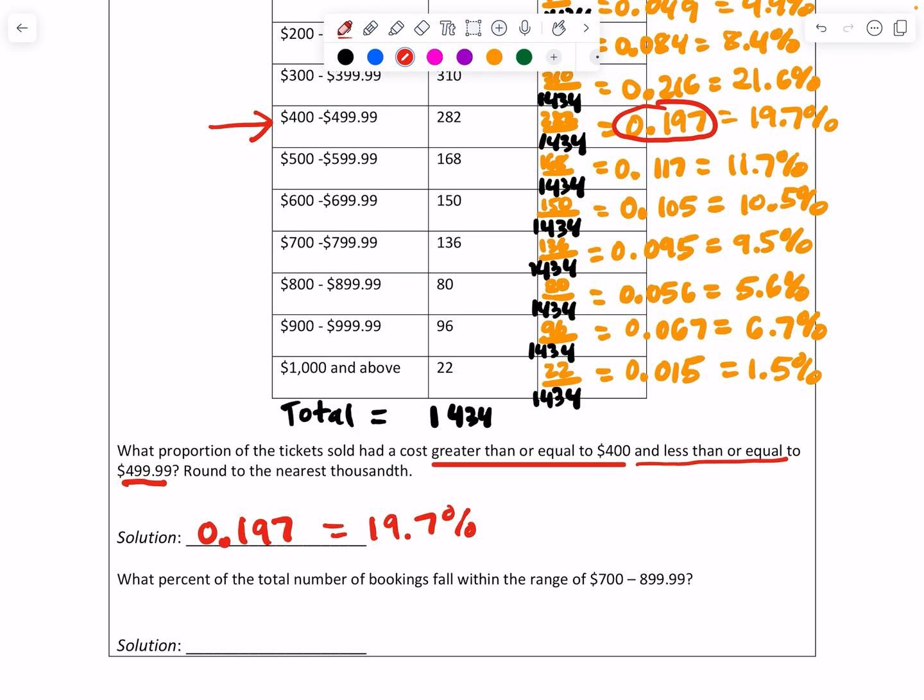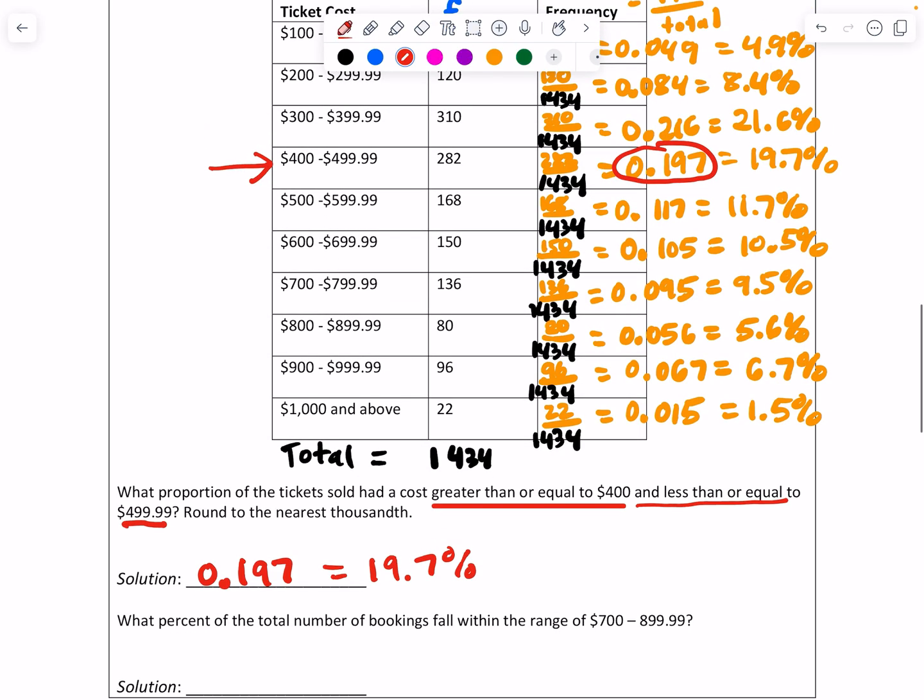Next question, what percent of the total number of bookings fall within the range 700 to 899? So these ones right here are 700 to 799. 800 to 899 also fall in that range. So I need both of these.